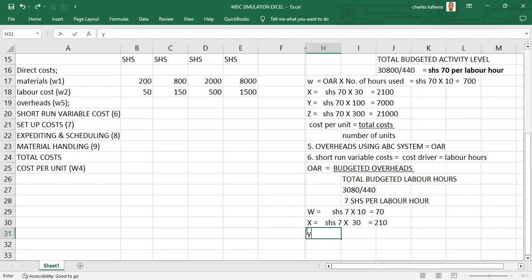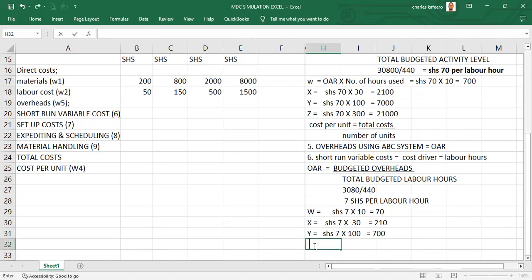Then for product Y, it is 7 shillings, the labor hour rate, multiplied by the number of hours, which gives us 700 shillings.